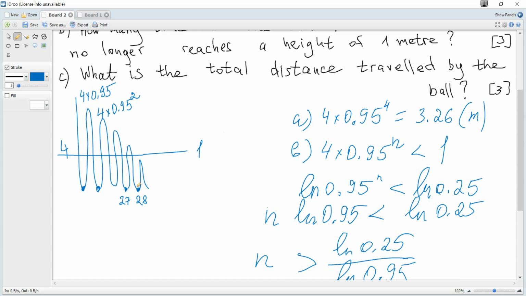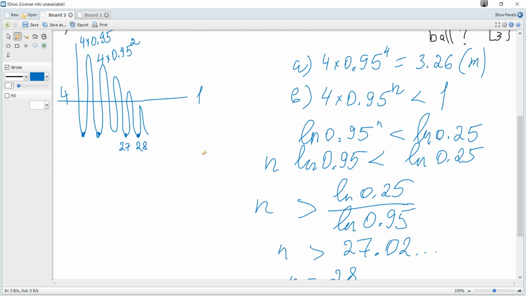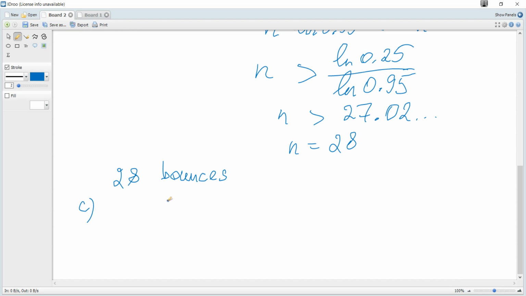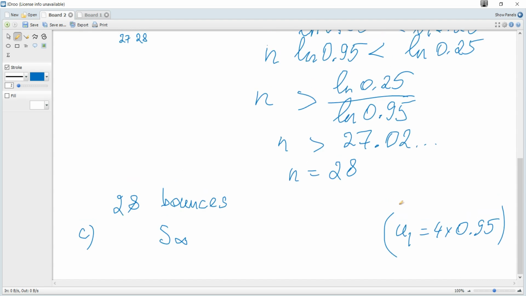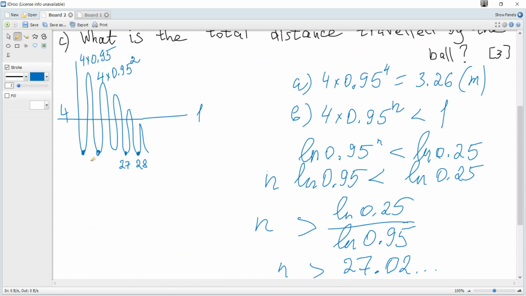It's clear that it bounces infinitely, and if we consider the sum to infinity with u1 to be 4 times 0.95, so u1 is this height after the first bounce, so the sum to infinity is the sum of these heights after the first bounce, after the second, the third, and so on up to infinity.